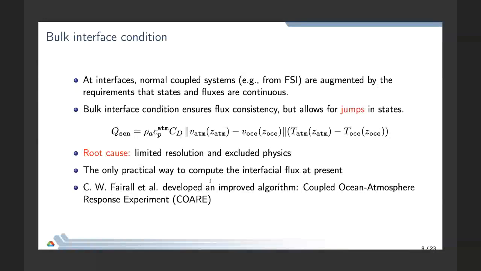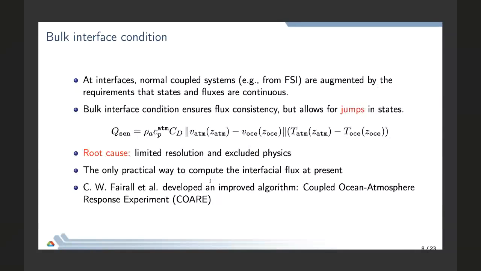The reason this condition exists, I think, is because of the limited resolution and excluded physics. For example, if we had an infinitely small grid size, we might see the temperature is continuous at the micro scale. And there are also missing dynamics in the governing equations.